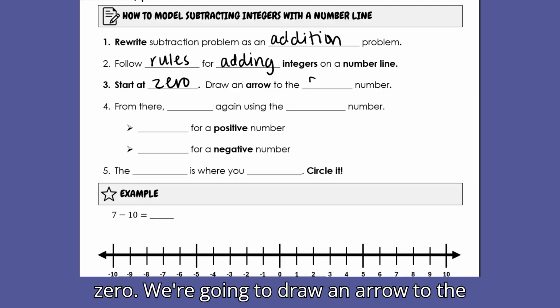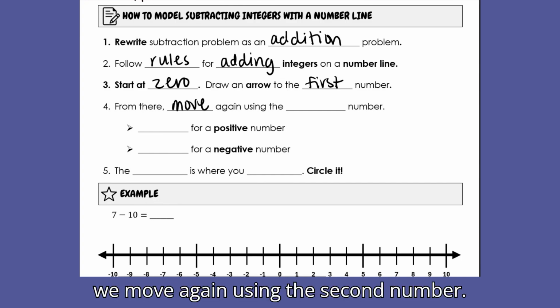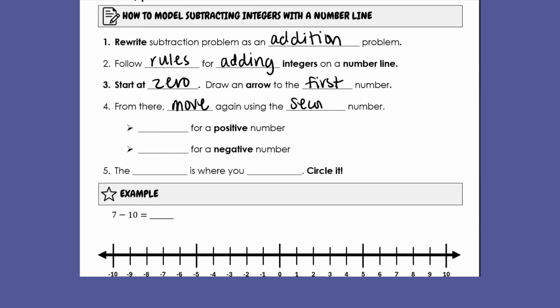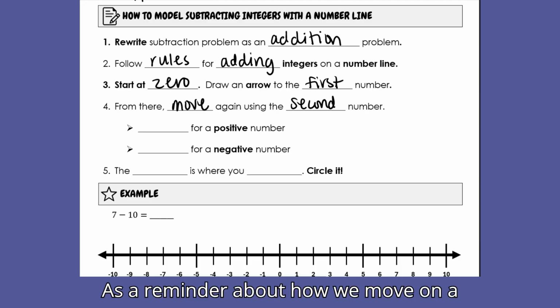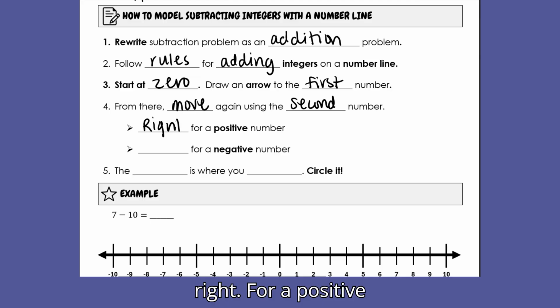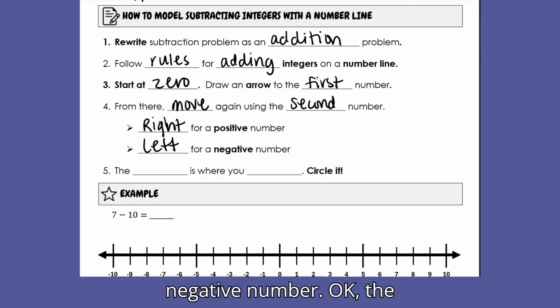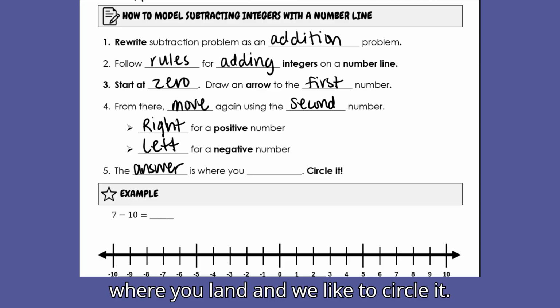We're going to draw an arrow to the first number. From there, we move again using the second number. As a reminder about how we move on a number line, we're always going to move right for a positive number, and we're going to move left for a negative number. The answer is going to be where you land, and we like to circle it.